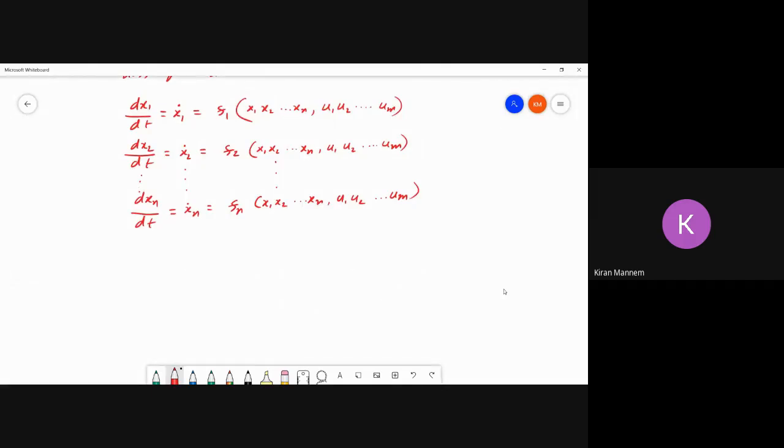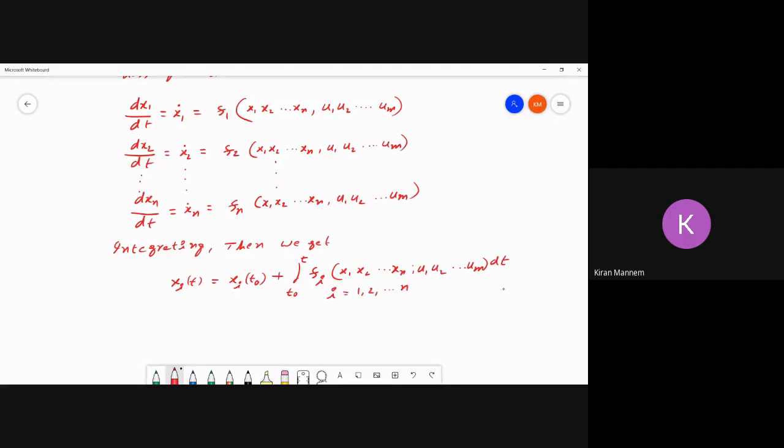So if you integrate them, then we get xi of t is equal to xi of t naught plus integral t naught to t fi of x1, x2, xn, u1, u2 till um dt, where i is equal to 1, 2, till n first order equations.